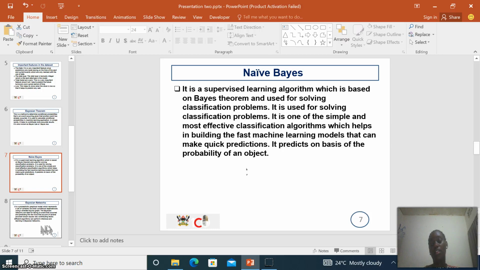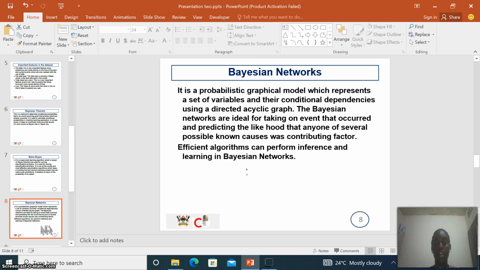In simple terms, it is a child of Bayes theorem, but specifically for machine learning. It is one of the simple and most efficient classification algorithms, which helps in building the fast machine learning models that can make quick predictions, and it predicts on the basis of the probability of the event.